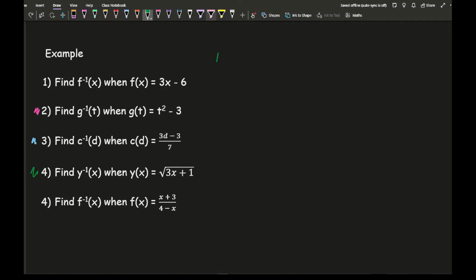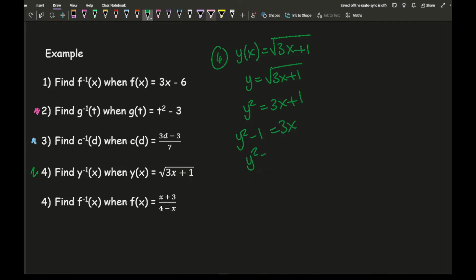So we've got y of x equals the square root of 3x plus 1. So I've got y equals root of 3x plus 1. There I've got y squared equals 3x plus 1. y squared minus 1 equals 3x. So (y squared minus 1) over 3 equals x. So then my inverse function is f inverse of x equals (x squared minus 1) over 3.